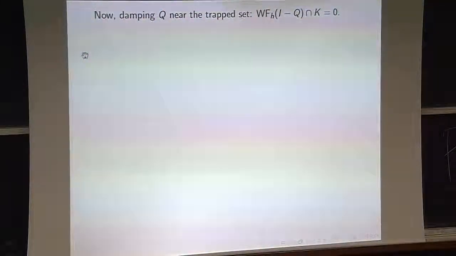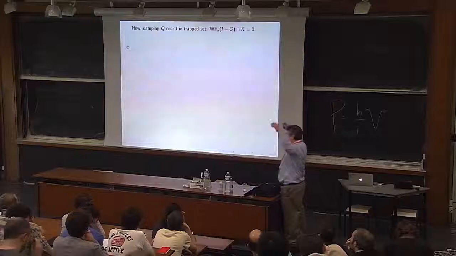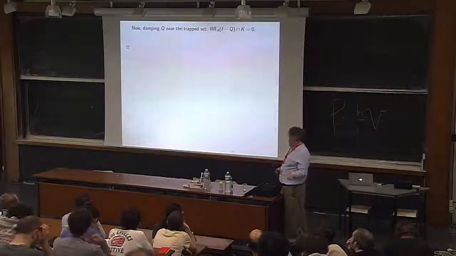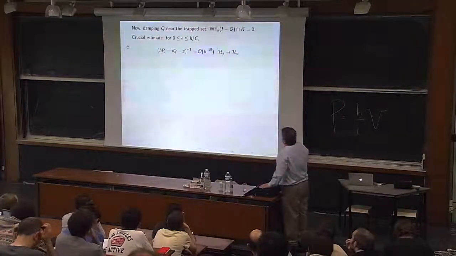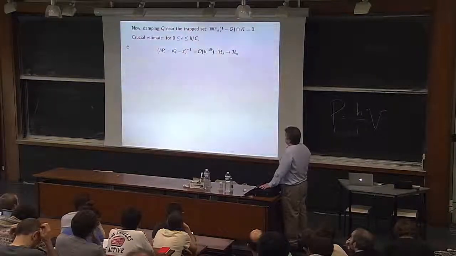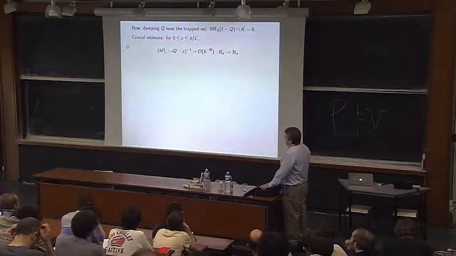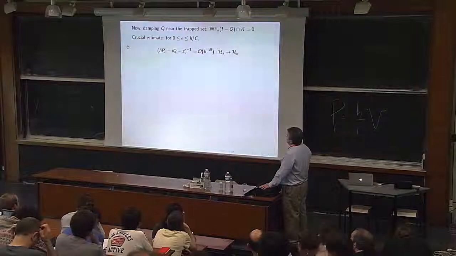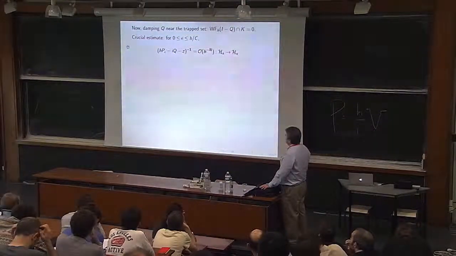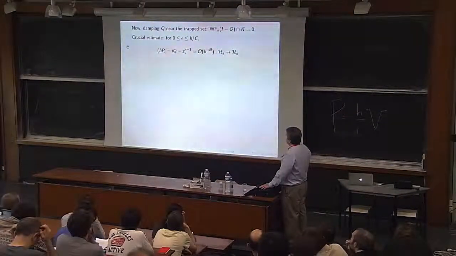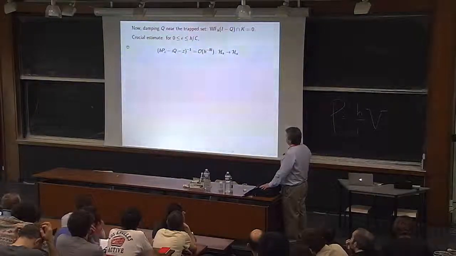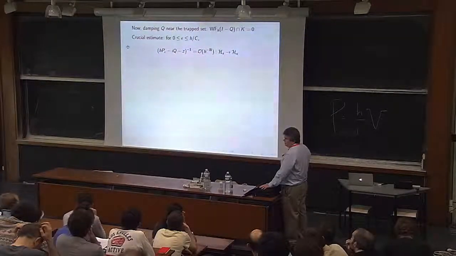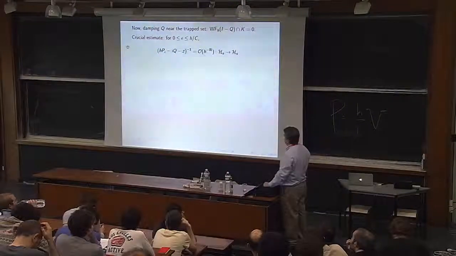On the other hand, we want to prove damping. Now, to obtain estimates which are valid near infinity, we put a damping near the trapped set. And the crucial result is that if I take this hP_epsilon and subtract q, which lives near the trapped set, which is identity near the trapped set, one has a bound, but on those anisotropic Sobolev spaces, because now we have to deal with infinity.